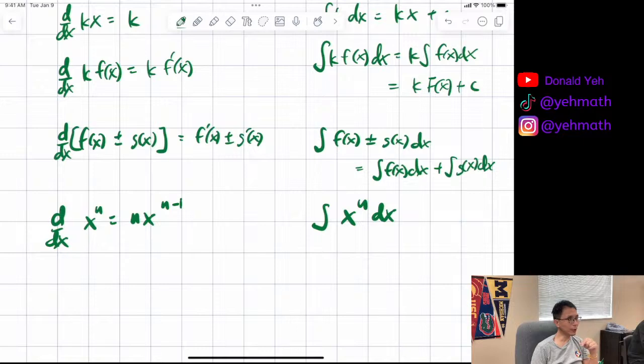If integration is the inverse of a derivative, it's x to the n plus 1 over n, almost, plus c. No. Is it x to the n plus 1 over n plus 1? Yep.